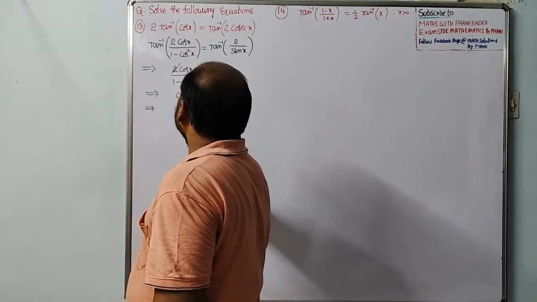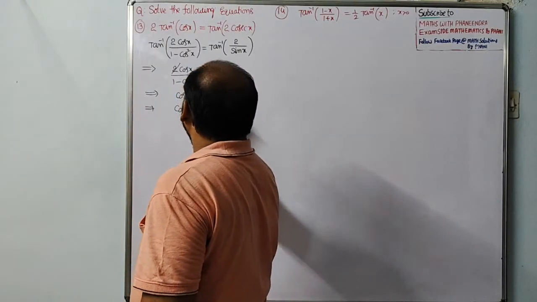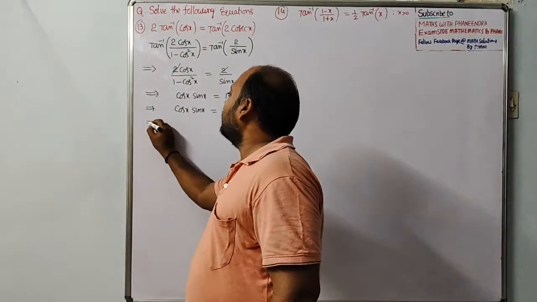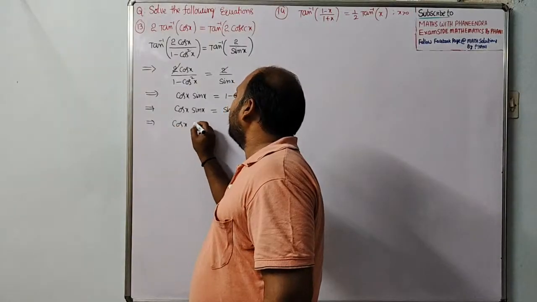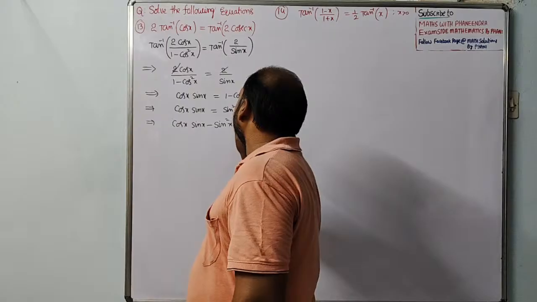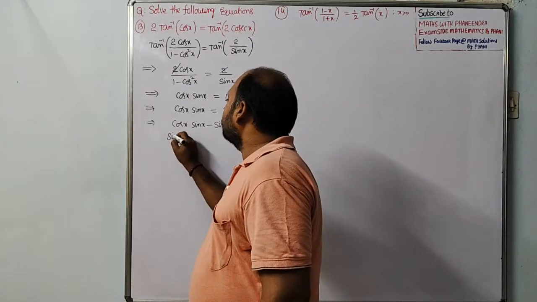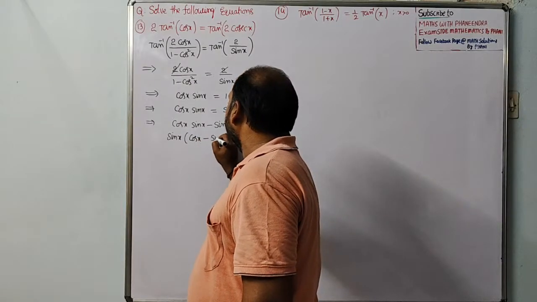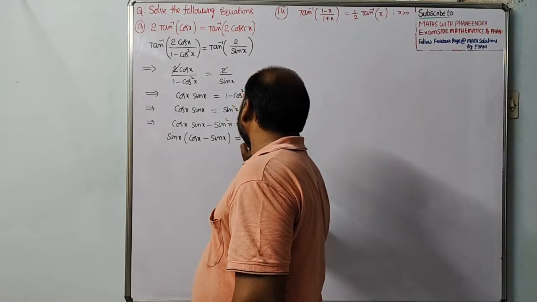So cos x into sin x is equal to sin square x. Bringing sin square x to the other side, cos x into sin x minus sin square x is equal to 0. So if we take sin x out common, sin x into cos x minus sin x is equal to 0.